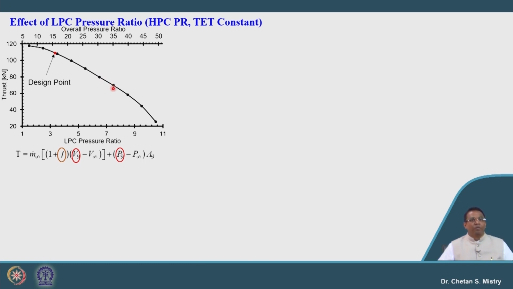Now, we must realize the reason behind that. If you recall, in the earlier lecture I was discussing that with increase of pressure ratio our curve shifts towards the left hand side, and that represents the reduction in thrust because of the diverging nature of the pressure lines. We will discuss this in the next slides.